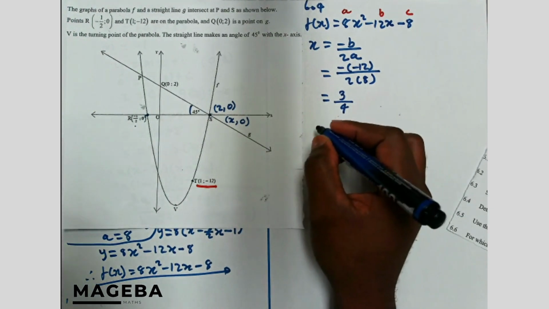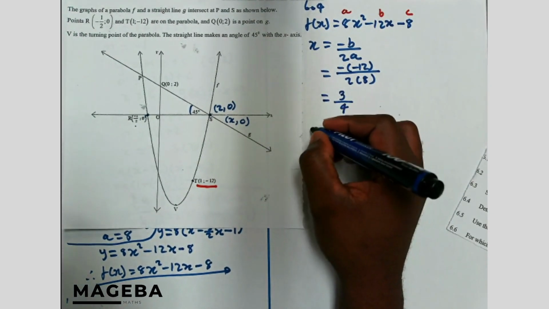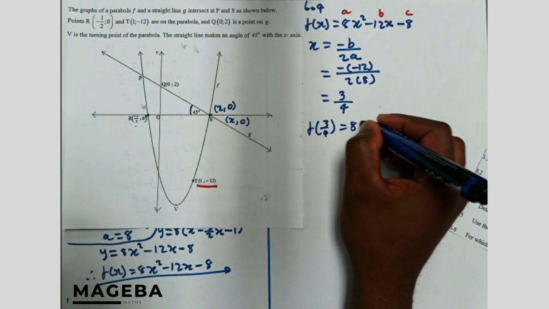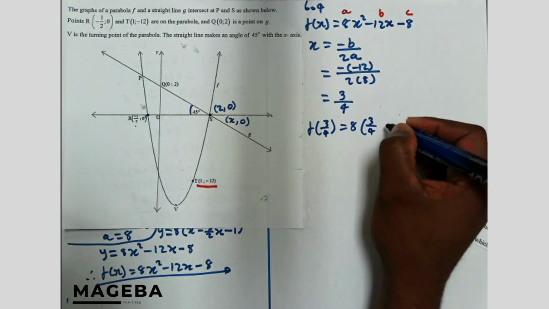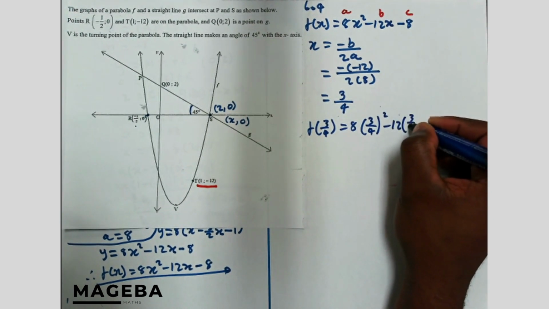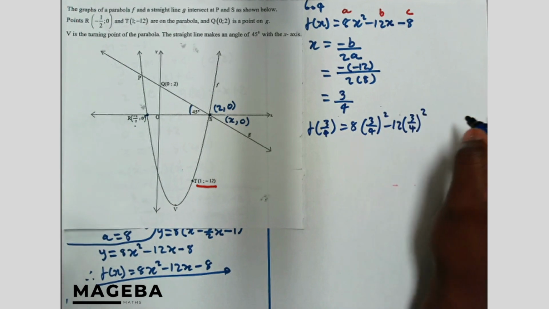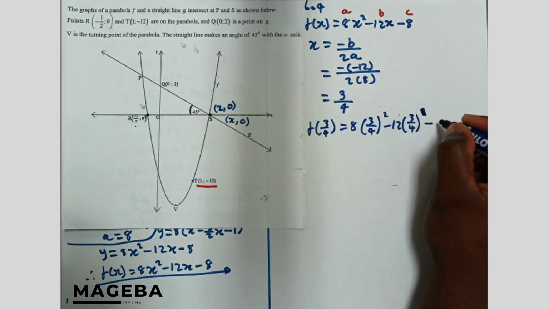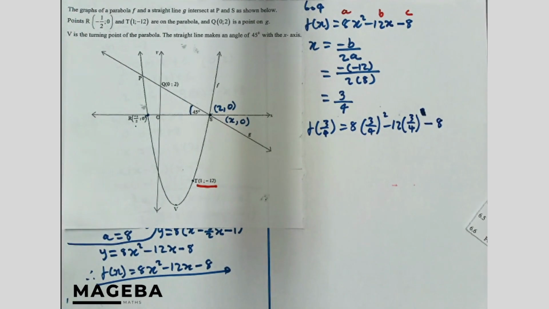How do you find y? Substitute in the original equation, so it's x into 3 over 4, then 8 into 3 over 4 all squared, minus 12 into 3 over 4, oh sorry, it's not squared here, and then minus 8.